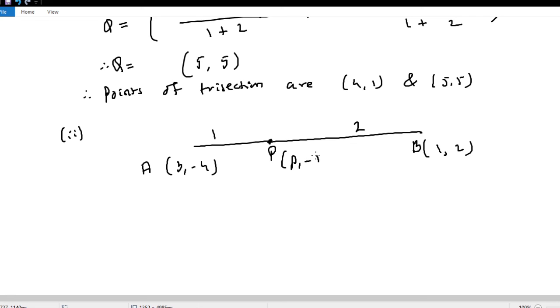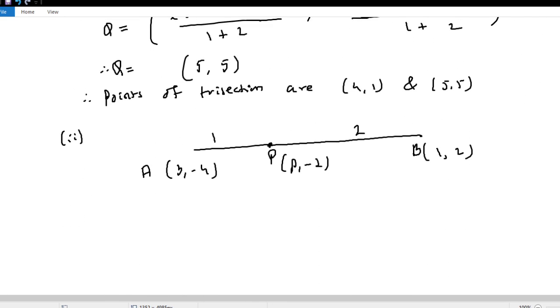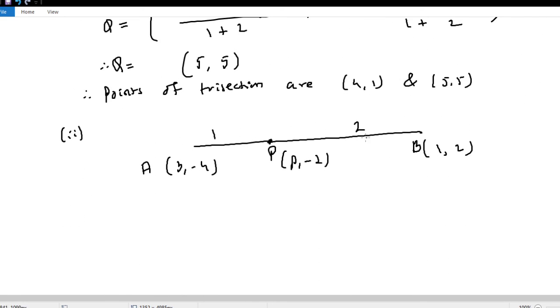Now here, one important thing that you need to know is that they have not said that P is dividing AB in the ratio of 1:2 or 2:1. P could have been here also. We do not know whether it is 1:2 or 2:1. So that clarity you will get only after you evaluate and get the y coordinate as -2, and then only we will be able to take that decision.